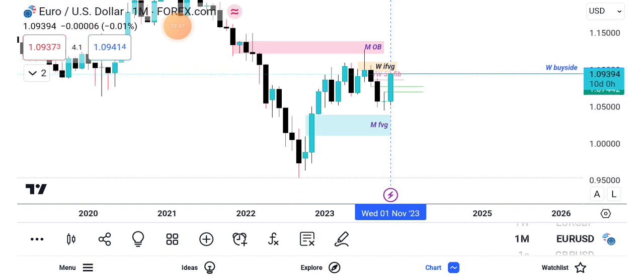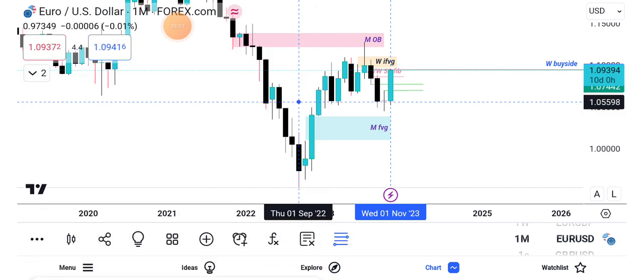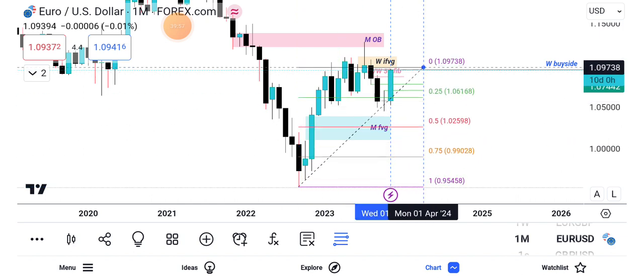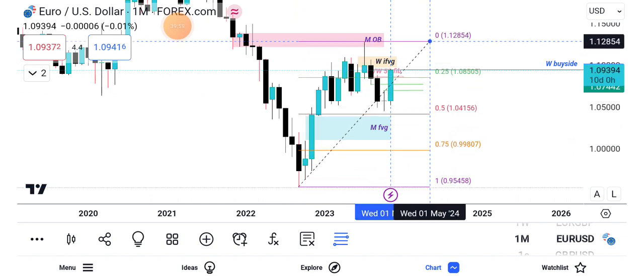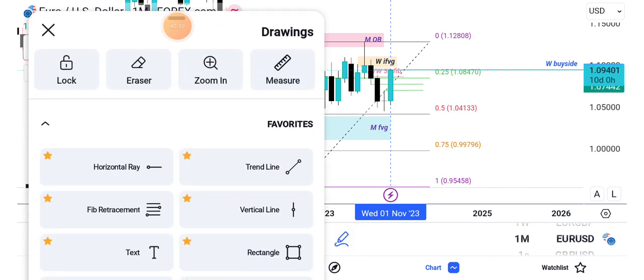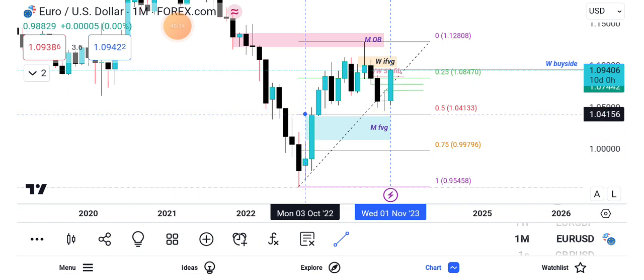And here, if you have this price leg from this low to this high, we can see price has not yet retraced to discount. So where is our discount level? Above here.